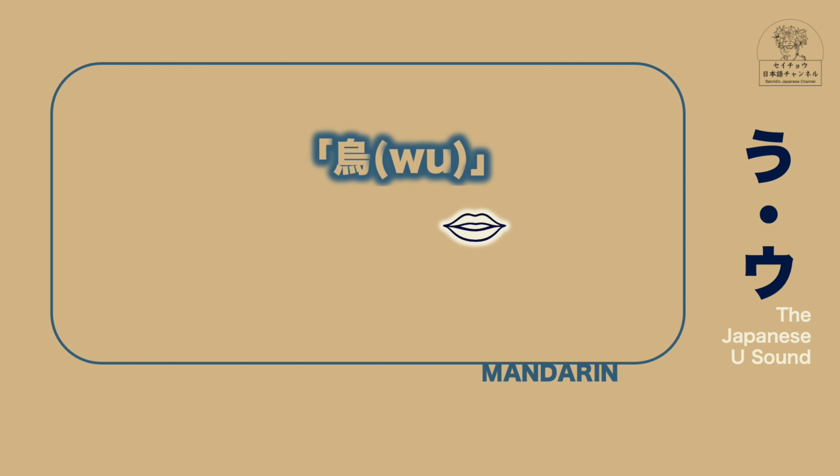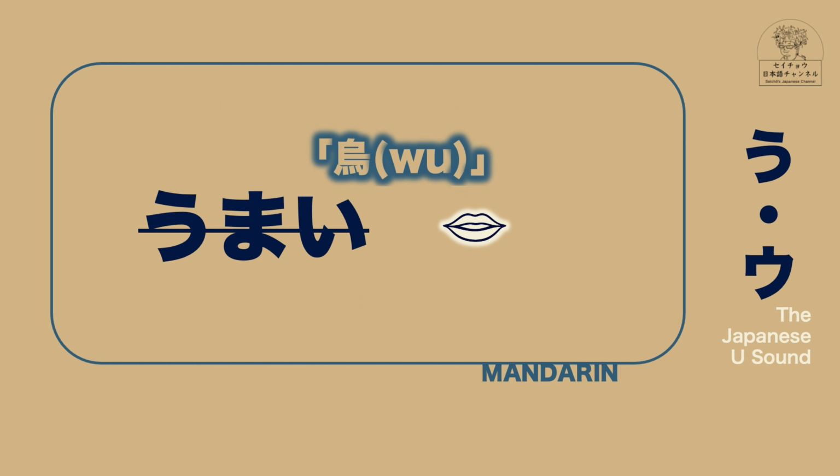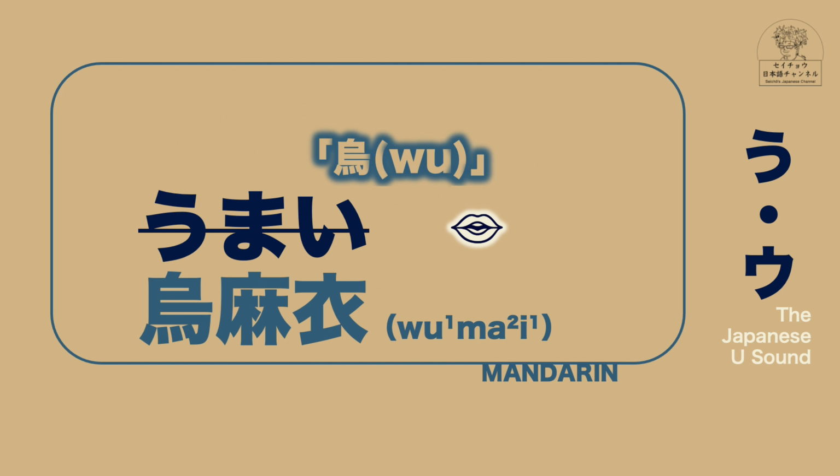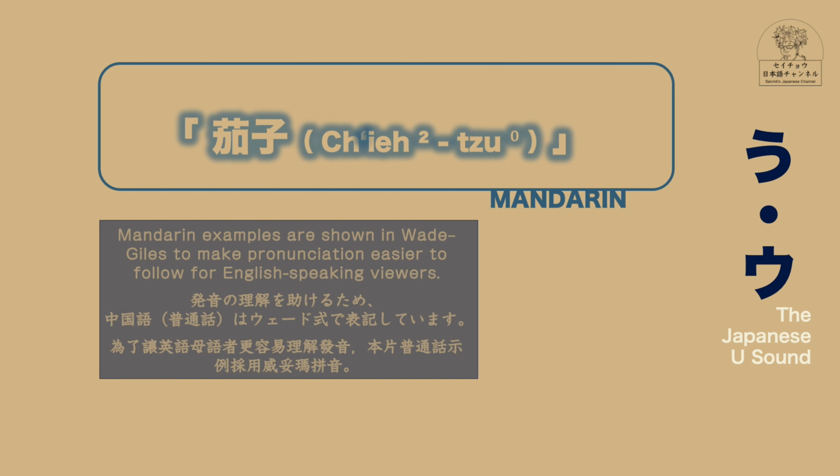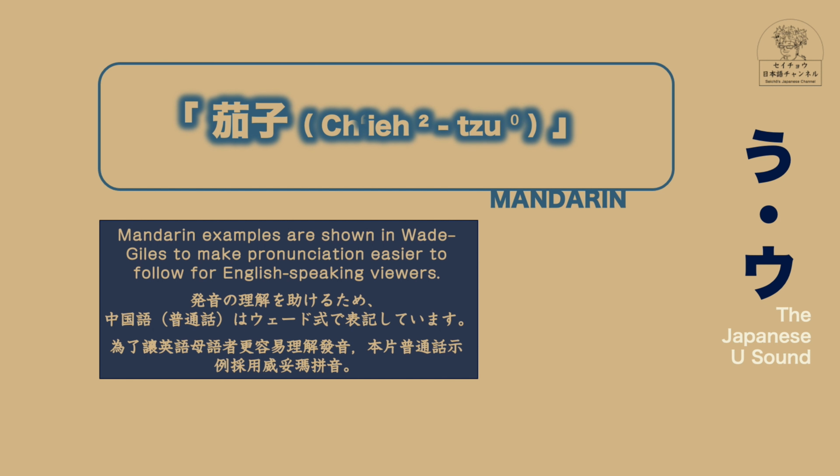So when a bilabial consonant appears, the mouth automatically falls back. As a result, umai often ends up sounding like wumai. So if there's a safer anchor in Mandarin, yes, say this word with me. 茄子. Say it again.